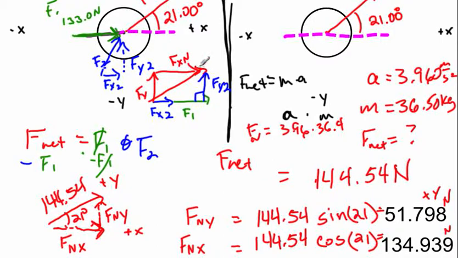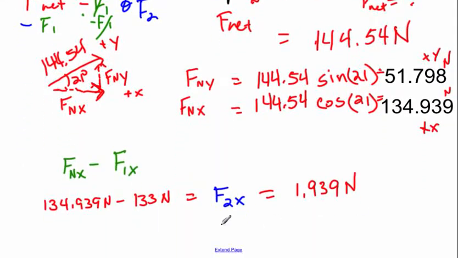Okay. Now let's go back up to the triangle here. The Y component of my Fy2 is just the same as the Y component of my net force. So all I got to do is just copy it down. So, alright, let me switch to blue. So my second force, its Y component, will equal the net force's Y component, which is 51.798 newtons.